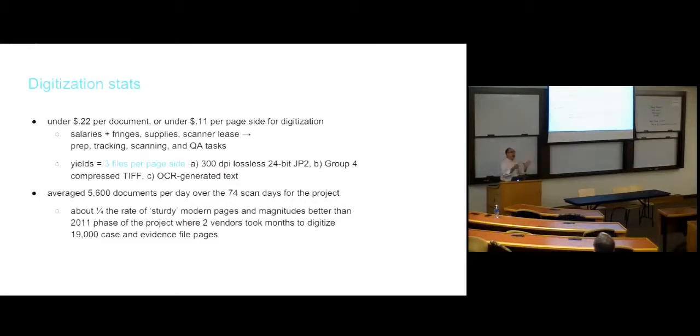The actual scanning cost that you saw in that video was less than half of that. So it's just however you want to do the pie chart with the cost. Suffice it to say, much cheaper than previous methods, much quicker. Again, we did all this in 14, 15 weeks.